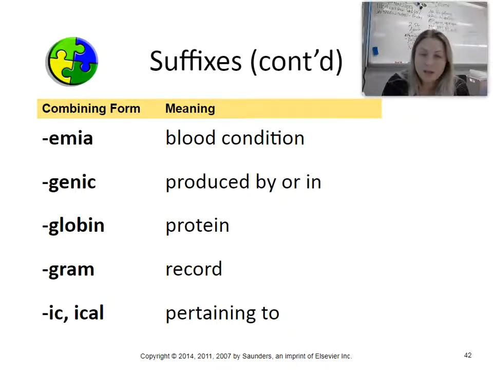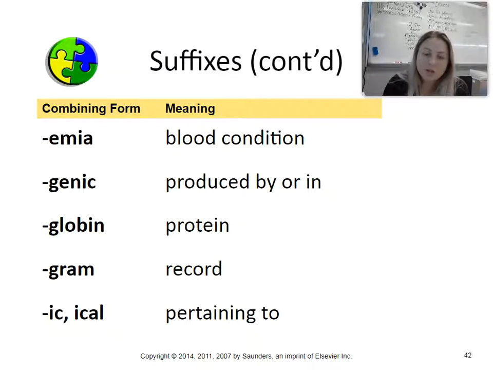Genic is produced by, or in. Cardiogenic, cardiogenic shock. It's the state of being in shock because of something wrong with your heart. Globin, protein like hemoglobin. That's a protein that is in your blood that carries oxygen.